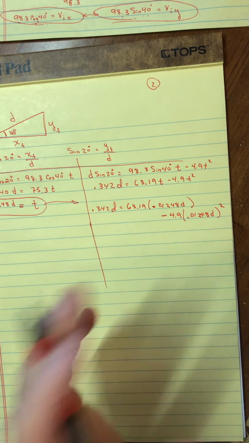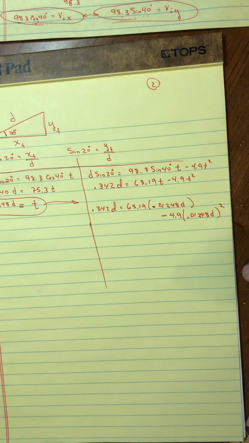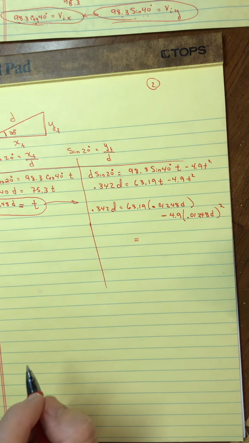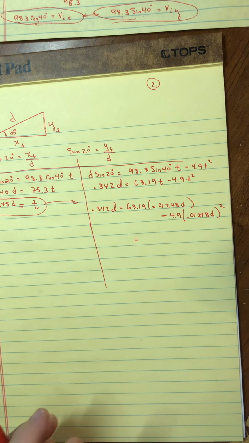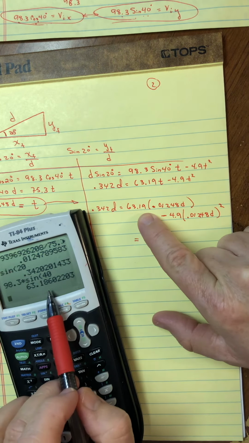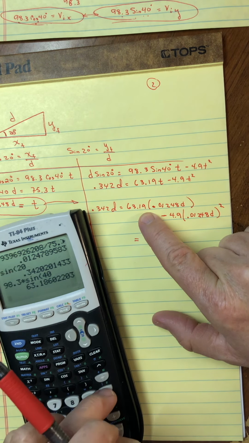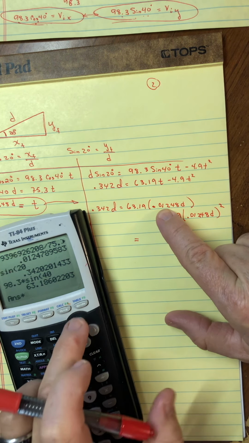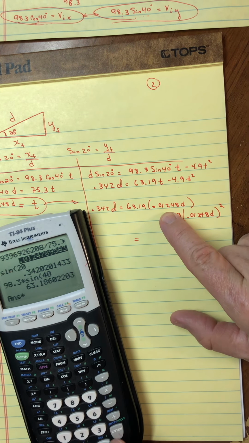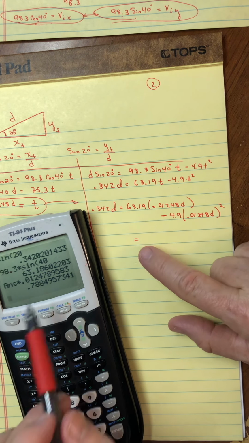Let's see what that gives me. Maybe I'll put an equal here. This right here, the 63.19, when multiplied by the 0.01248, gives me that number.